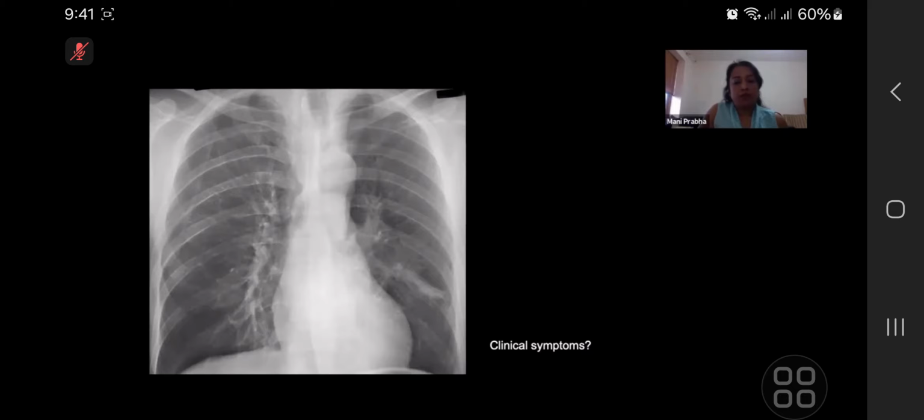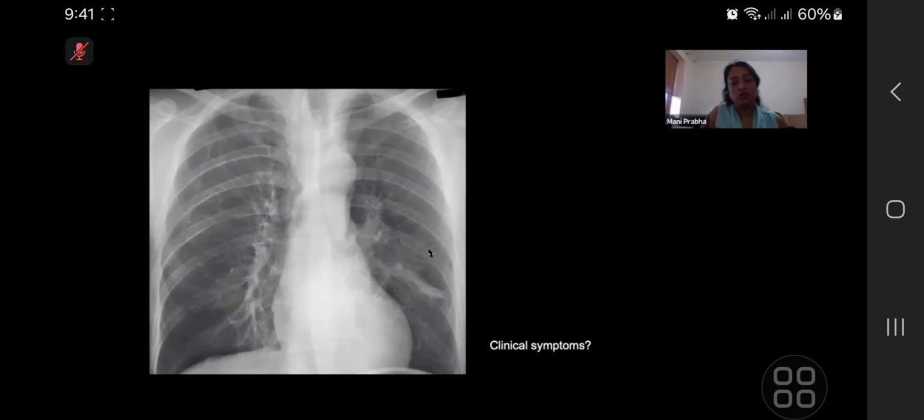Let me sum up the findings. The situs is solitus, the apex is on the left side. We can see the aorta on the left side, and it appears to have a reverse 3 sign, or 3 sign. There is notching of the ribs, and no particular chamber enlargement. The pulmonary vascularity is within normal limits.